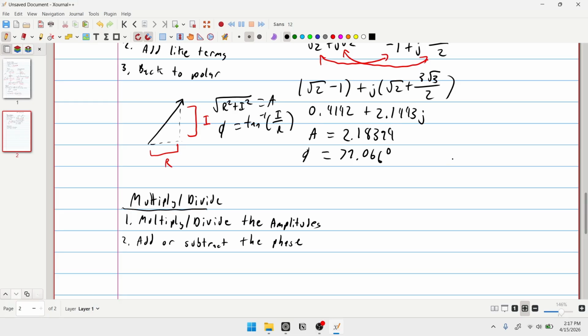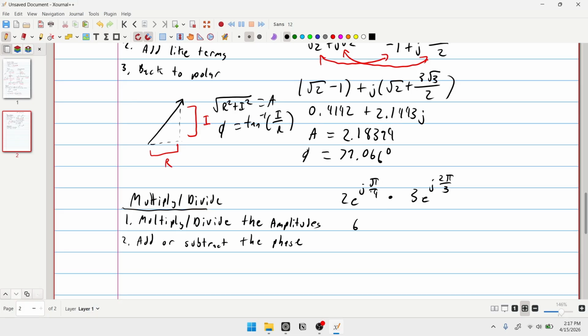Right, so back to our original example where we had 2e^(jπ/4) and we had 3e^(j2π/3). Let's say we want to multiply these. We would just multiply the amplitude, so we get 6.